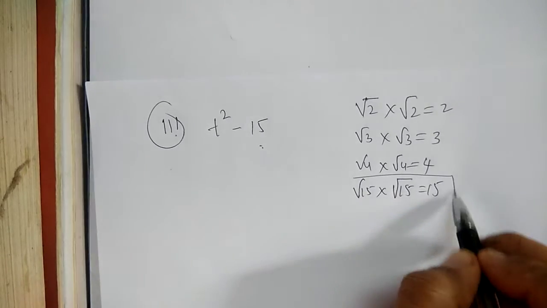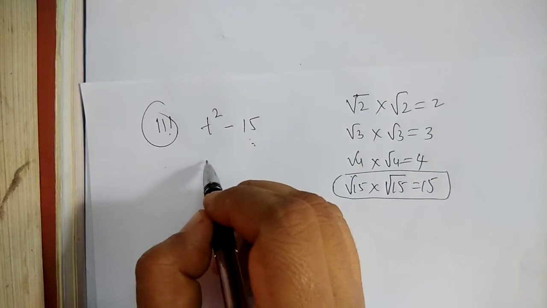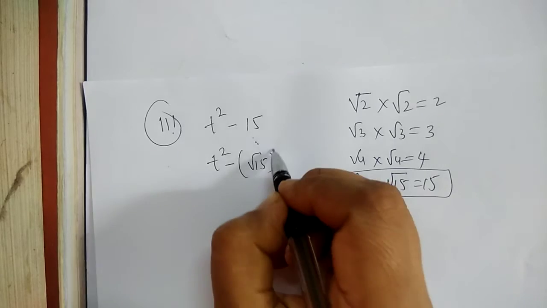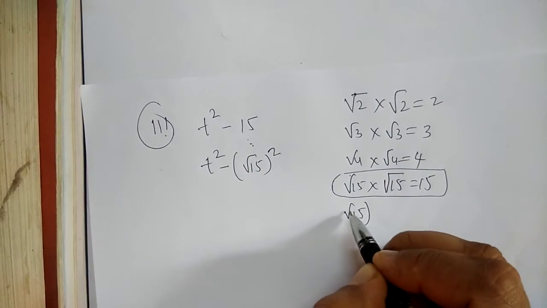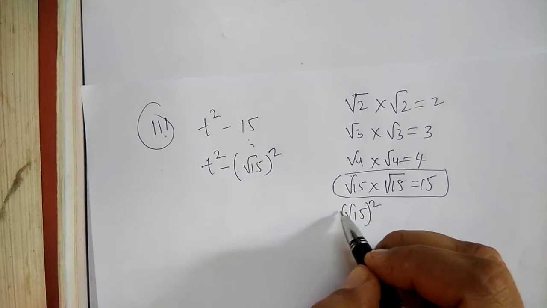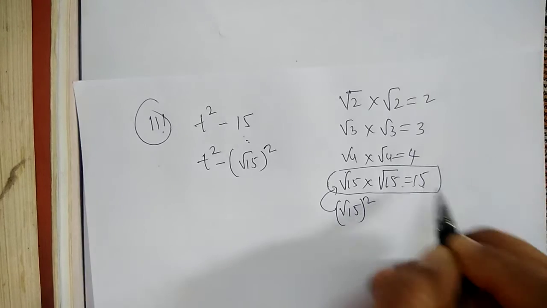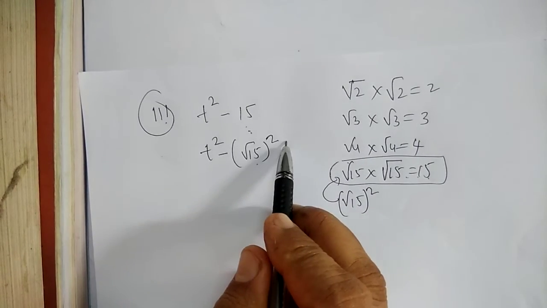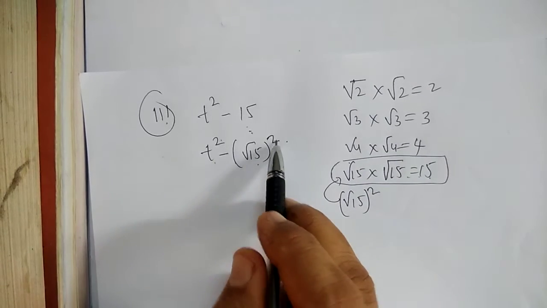So this 15 I can write as root 15 square, because root 15 square means root 15 into root 15, and that is equal to 15. So I can write it as root 15 whole square. So this is in the form of identity a square minus b square.